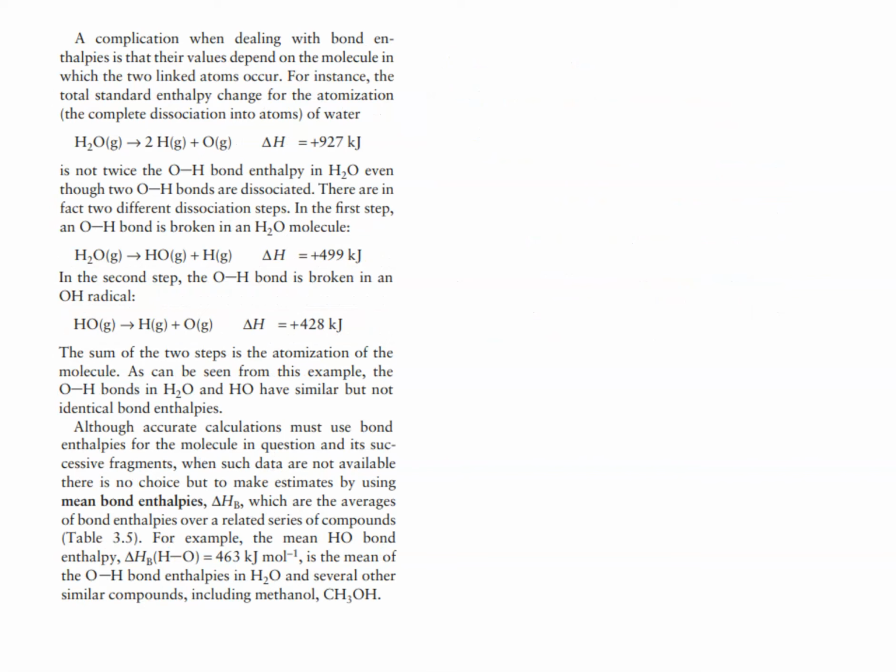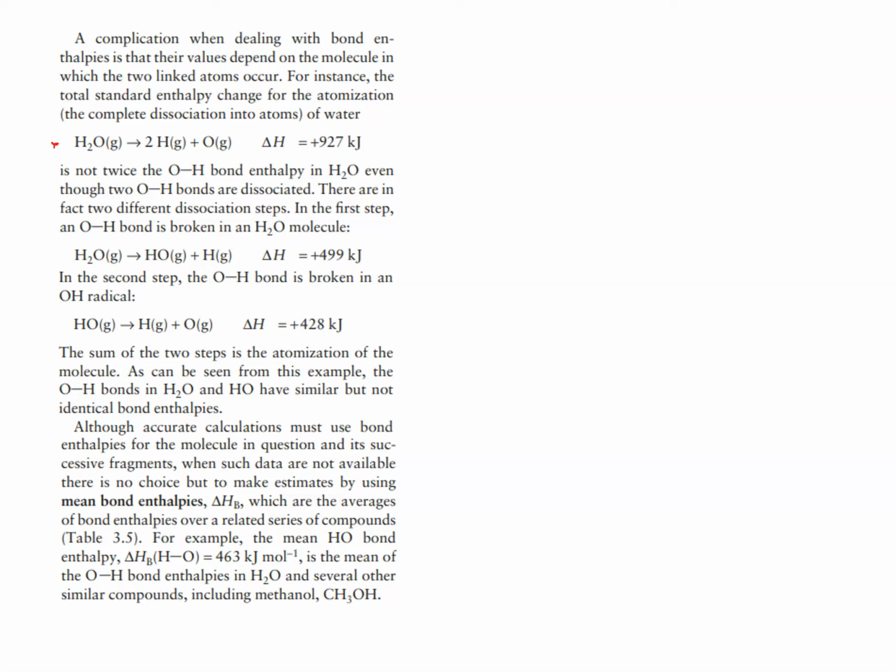A complication when dealing with bond enthalpies is that their values depend on the molecules in which the two linked atoms occur. For instance, the total standard enthalpy change for the atomization, which is the complete dissociation into atoms, of water is: gaseous water being divided into 2 hydrogens and 1 oxygen has a delta H of 927 kilojoules.